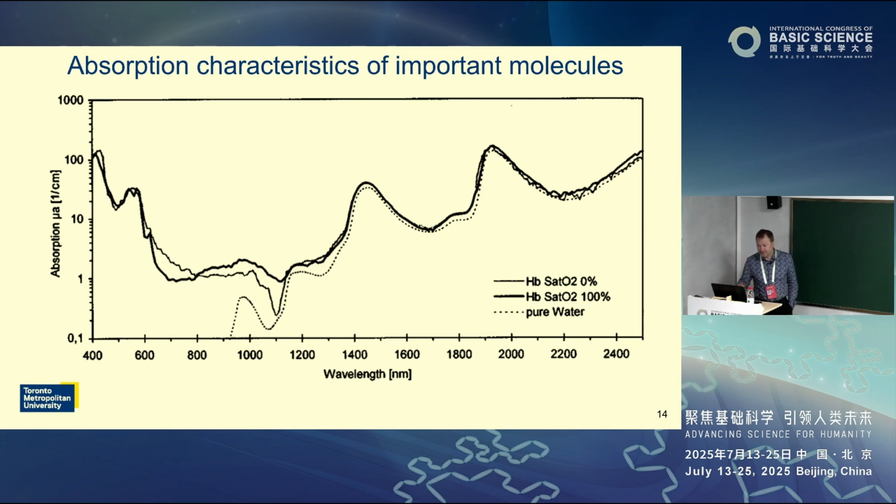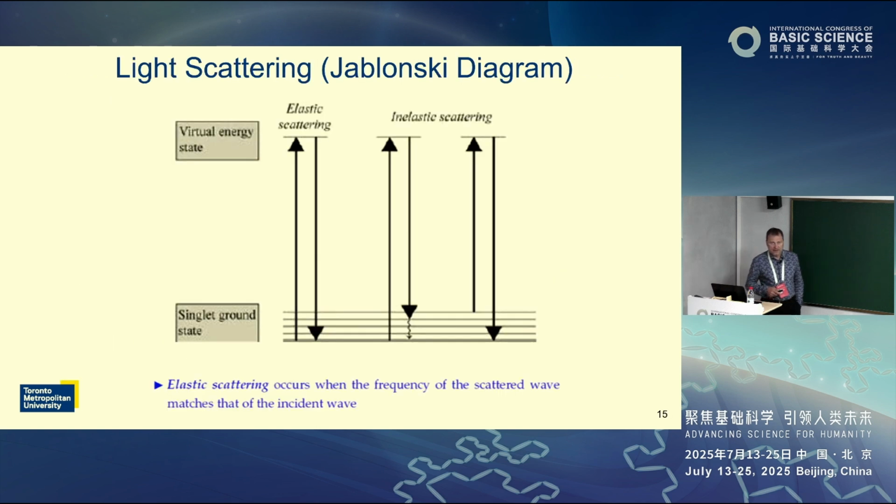How about scattering? Light scattering, based on the Jablonski diagram, is basically the process when a photon is absorbed and then re-emitted without the loss of energy. This is shown here, the outmost left transition.